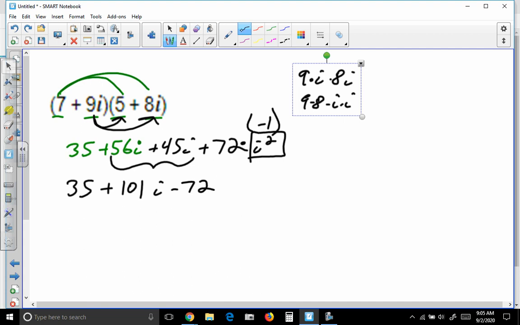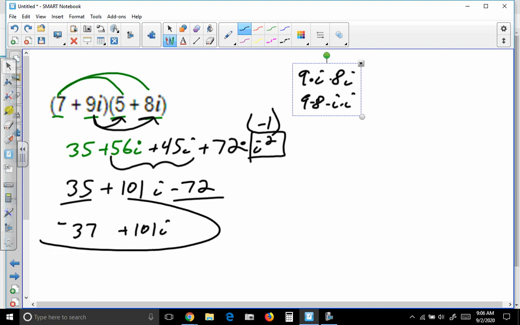And then we just combine like terms. So those are alike. Those are both real numbers. So they have different signs. So we subtract them. That would give us 37. Take the sign of the larger. And then we have 101 as our imaginary part.